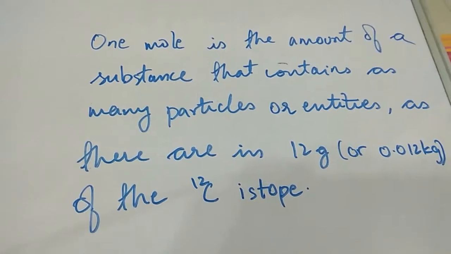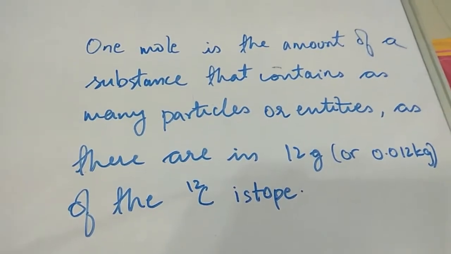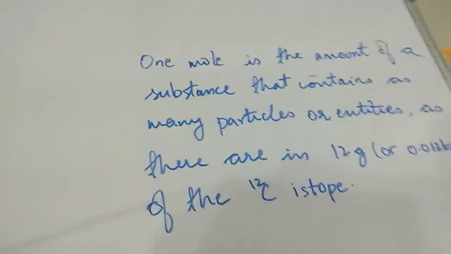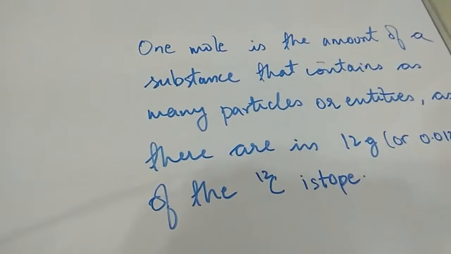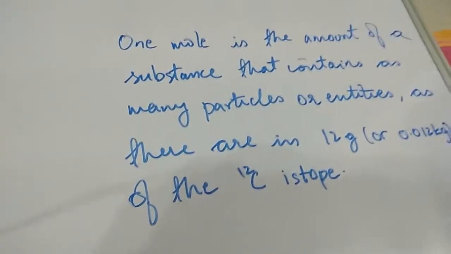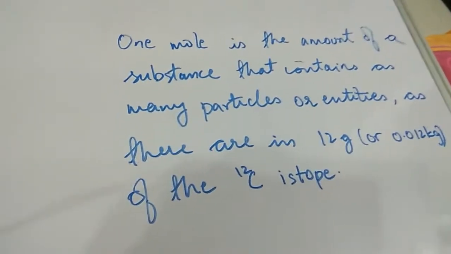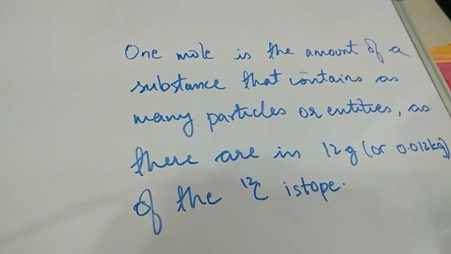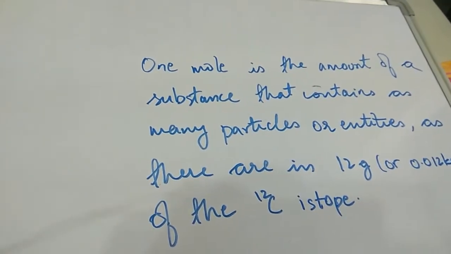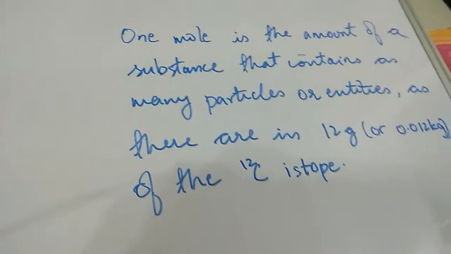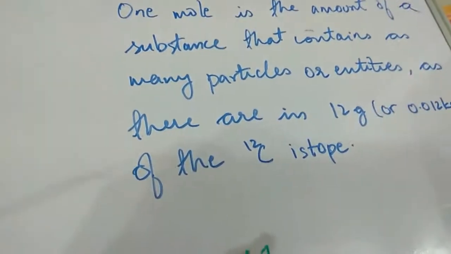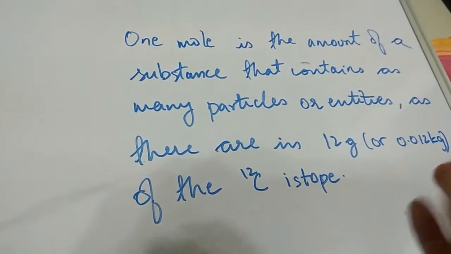This is the definition of 1 mole. I'll say it again in English: the number of particles present in 12 gram of carbon C12 isotope is equal to 1 mole.